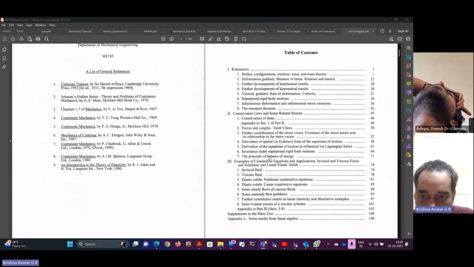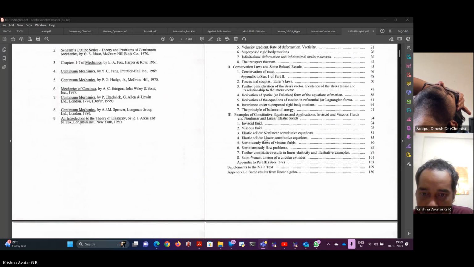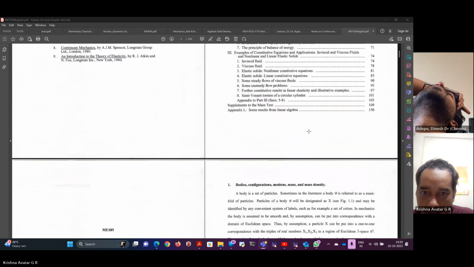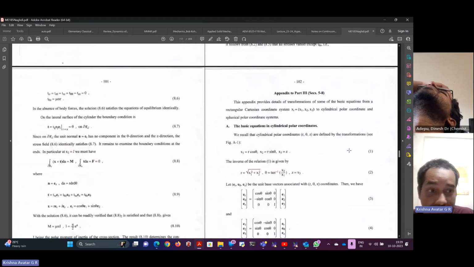Derivation of superimposed linear energy, balance of energy. Supplements from the main text is 109. Let's see what they have to say.